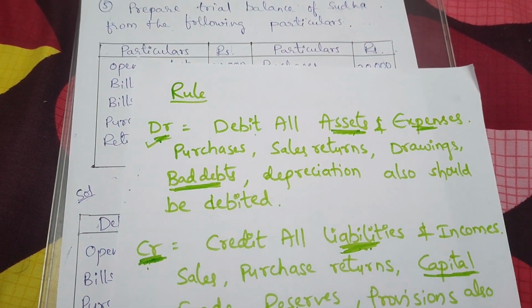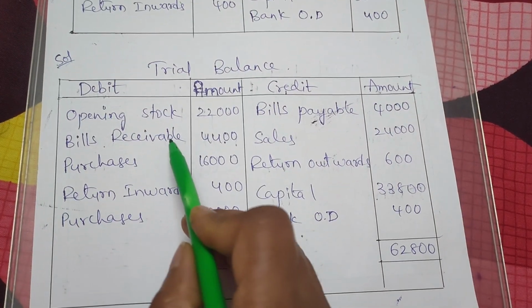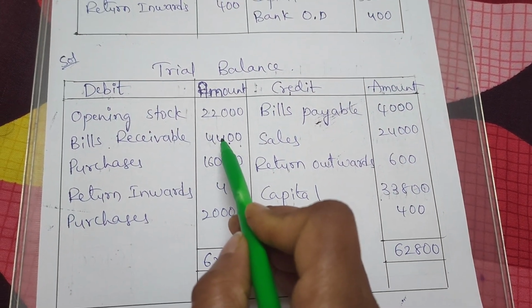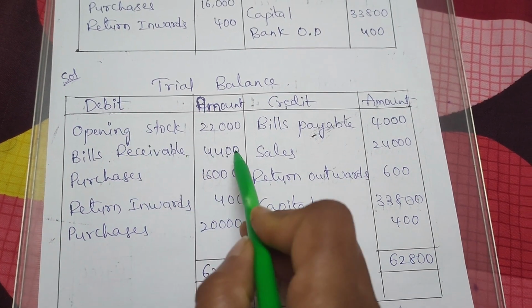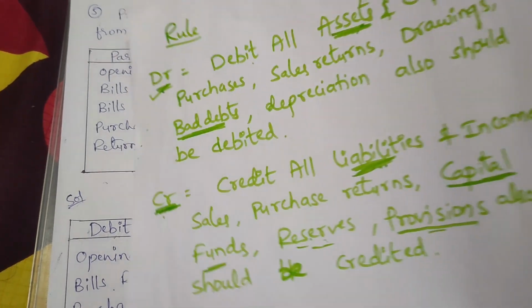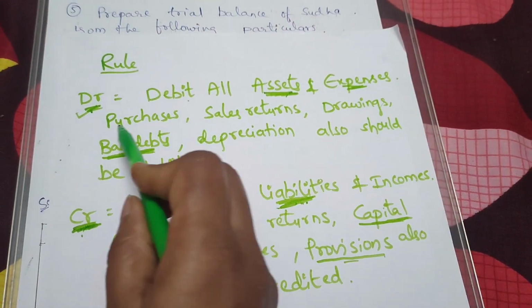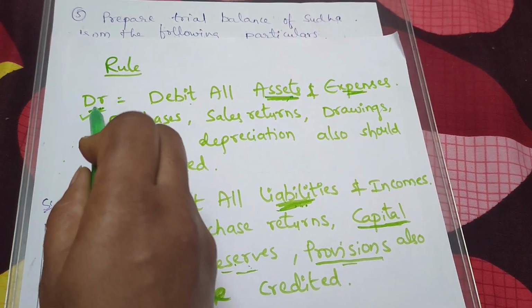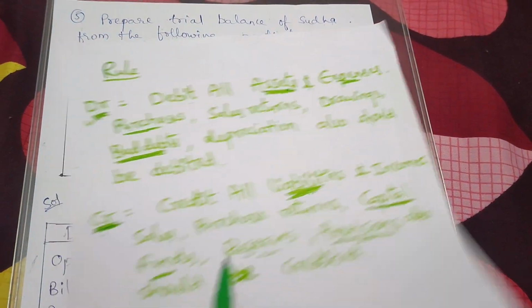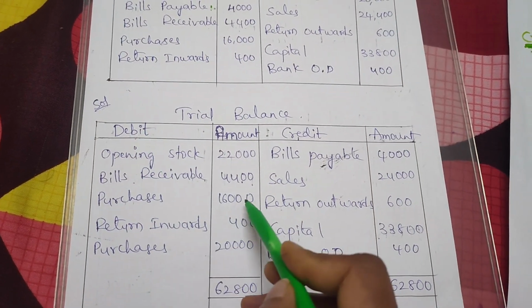That is why bills receivable is recorded under debit. And next, purchases. I mentioned it directly in the rule, purchases we should debit. So let us write purchases under debit, 16,000.